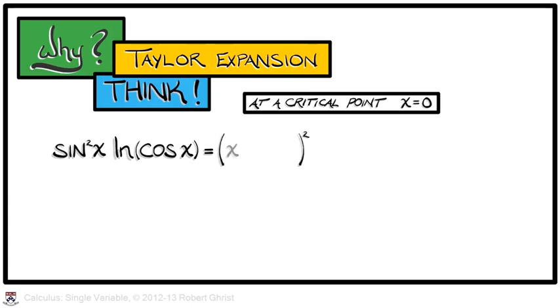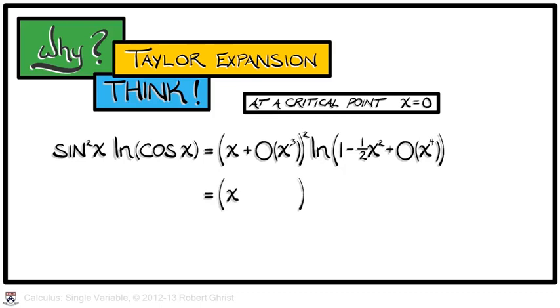What happens when we Taylor expand? Sine of x becomes x plus big O of x cubed. We square that and then multiply it by the log of what? Well, 1 minus x squared over 2 plus big O of x to the 4th.